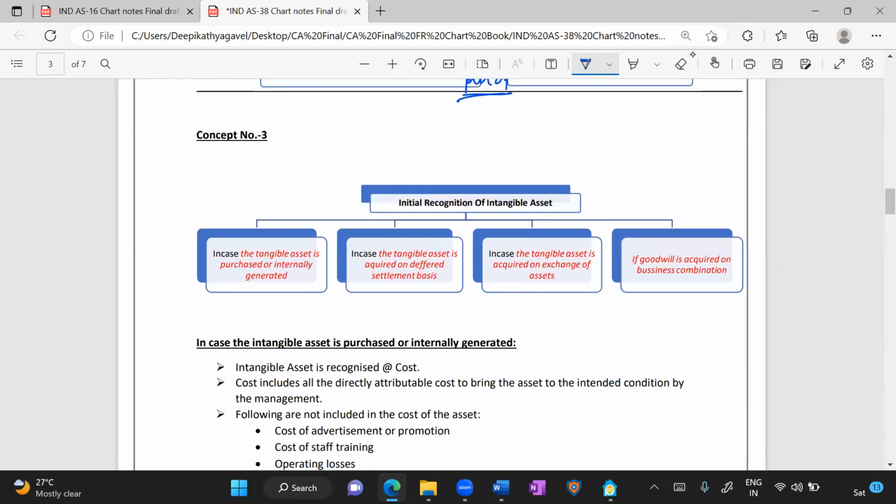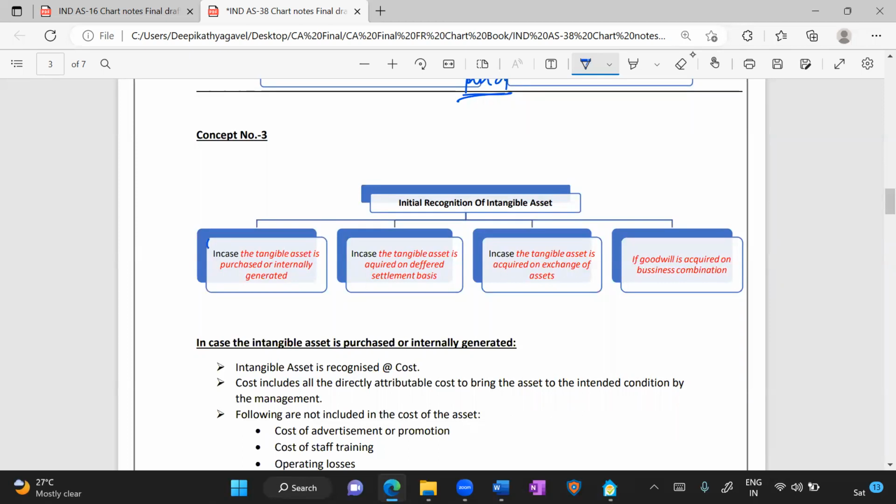Moving on to concept number 3, which is the initial recognition. Now, of course, let's say your intangible asset has satisfied the recognition criteria under Ind AS 38. You will move on to what? The initial recognition. The first time recognizing this intangible asset in my books. This concept also is very much similar to that of Ind AS 16. It also has 4 cases, right?